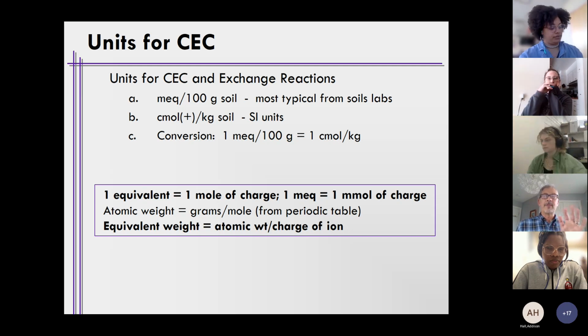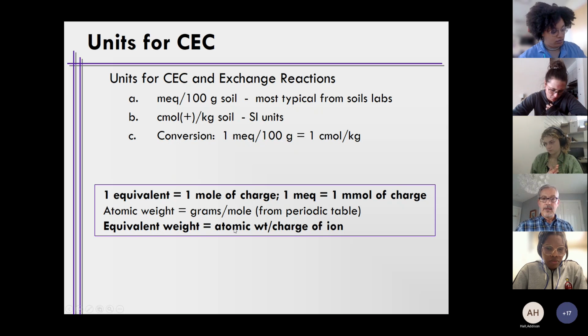So the concept there is similar to what I'm going to teach you here in terms of equivalent weights. There's some information here that I'm going to skip. It's in your notes. Feel free to write down these first 2 lines if you want to, but I like the last line here. Equivalent weight is simply the atomic weight of an ion divided by the charge of that ion. Simple.